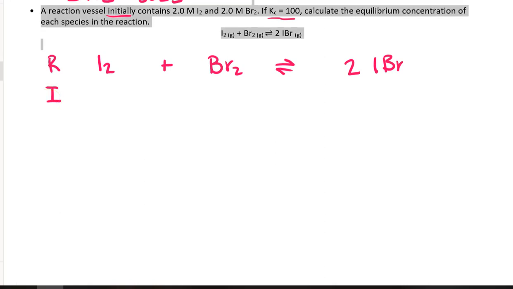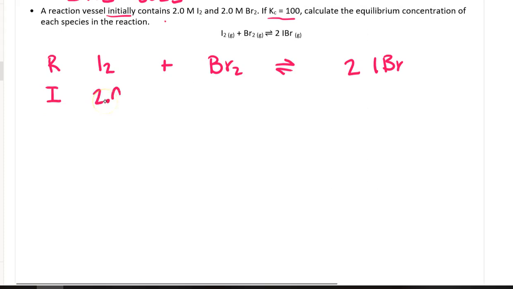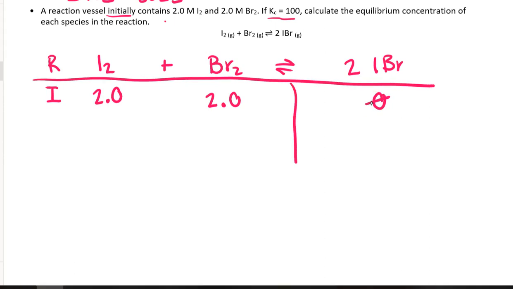So my reaction vessel initially contains 2.0 molar iodine, 2.0 molar bromine, and I know that the initial concentration of my product is always going to be 0.